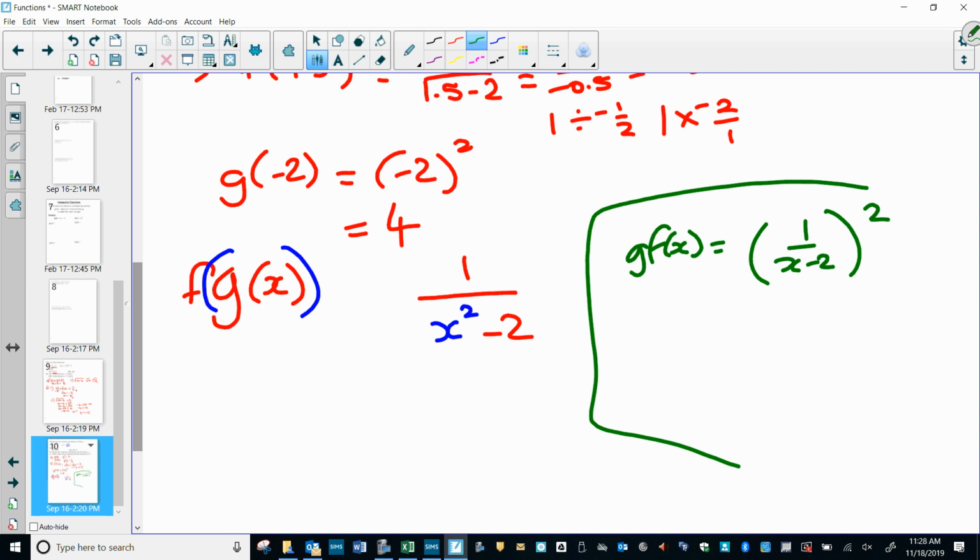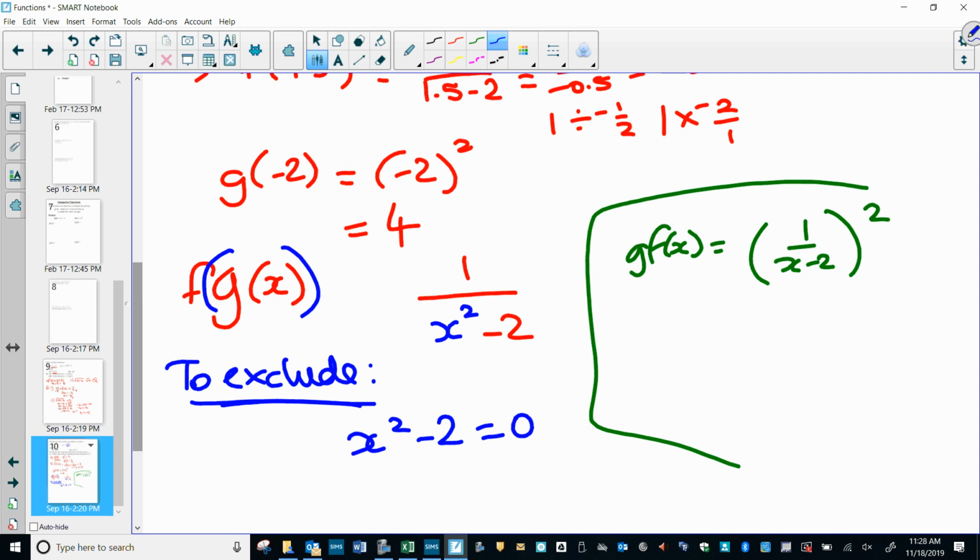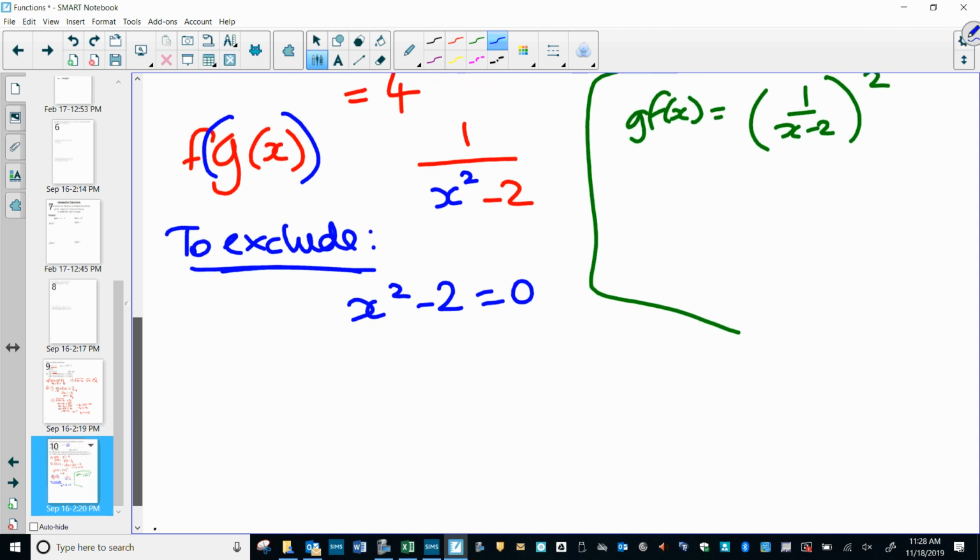It can't be 0. Remember that? So we know that we are excluding where the denominator is equal to 0.